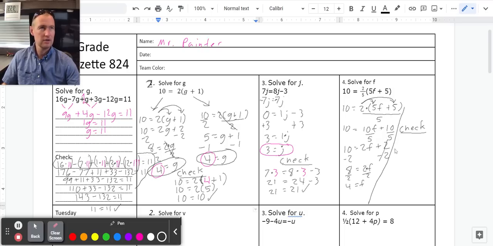So let's go ahead and do 10 equals 2 over 5, parentheses, 5 multiply. Can you remember what f was equal to? Yeah, you got it. So 4 is equal to f. So 5 times 4 plus 5 and close the parenthesis.